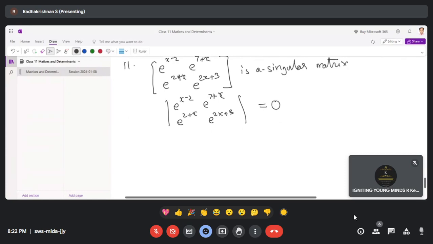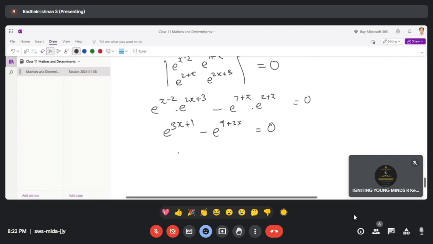So let's evaluate the determinant. It will be e power x minus 2 into e power 2x plus 3 minus e power 7 plus x into e power 2 plus x. So this is simply e power 3x plus 1 minus e power 9 plus 2x equal to 0.